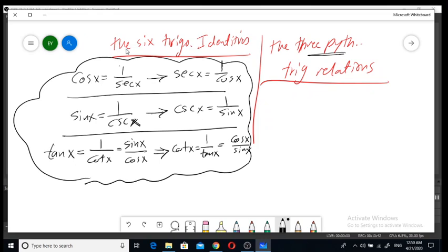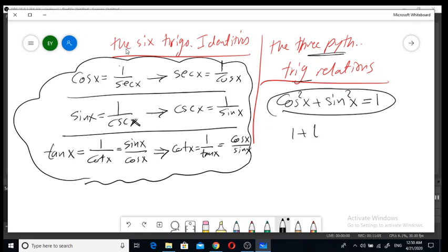And we have the three Pythagorean trigonometric relations. We have three important Pythagorean trigonometric relations. The first one, cosine squared x plus sine squared x equal to 1.